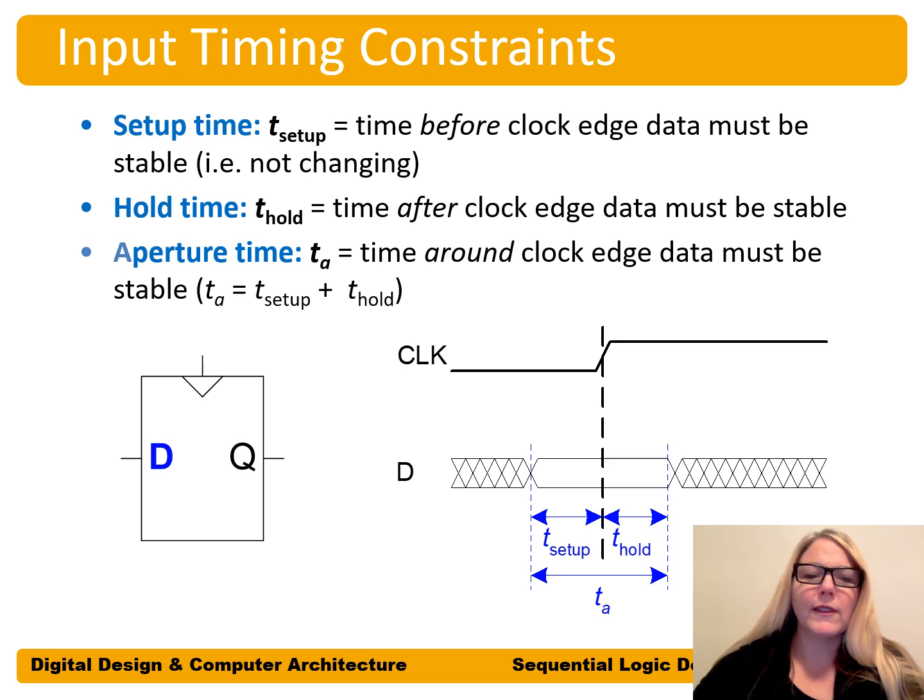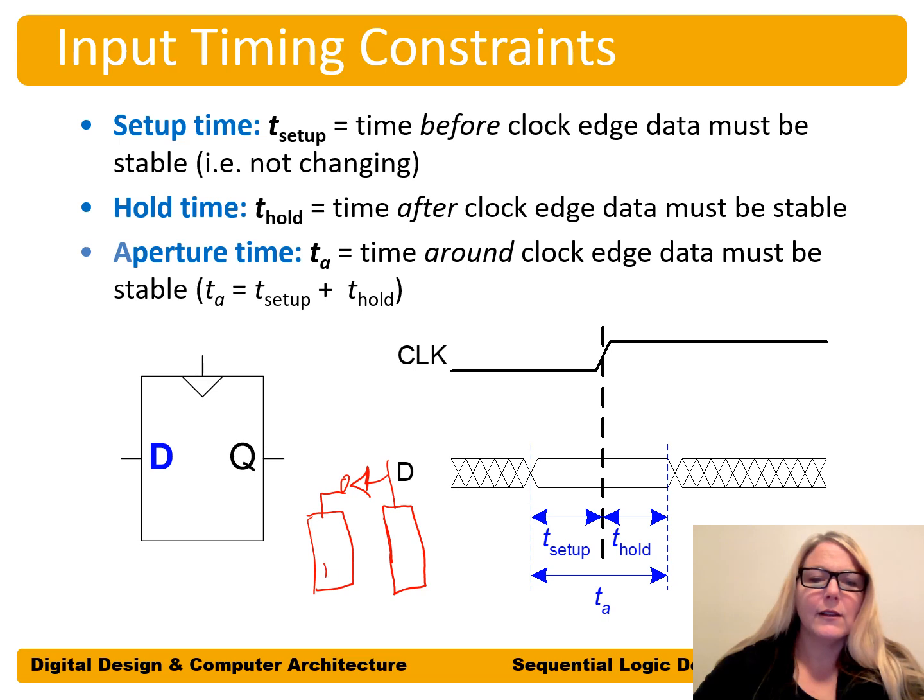And so let's think about where these come from. Well, let's dive into what the flip-flop is. Remember, a flip-flop is 2 back-to-back latches, L1 and L2, and here we have our clock. And so where is the setup time? Well, the setup time, we're clock going from 0 to 1. Here's our clock edge.